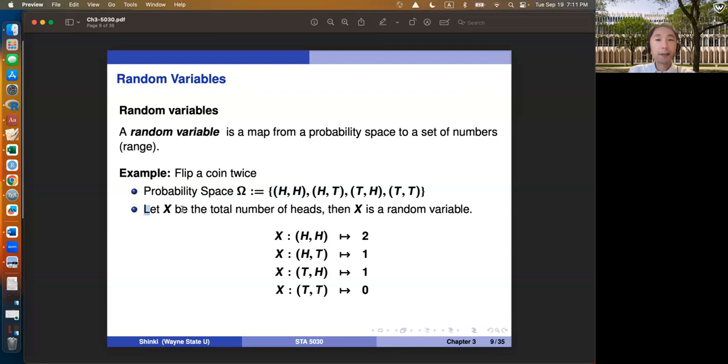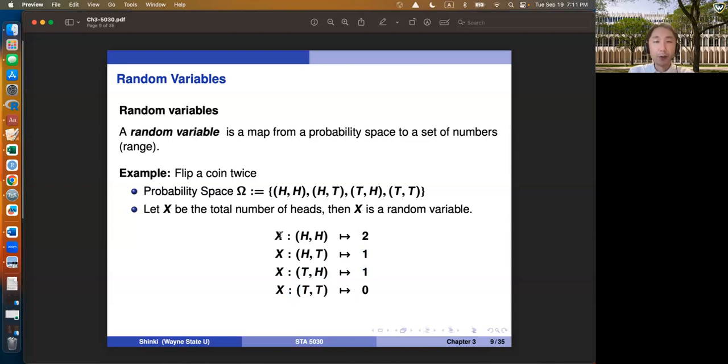Suppose X is the total number of heads when we do this trial. If the outcome is HH, then the number of heads is 2. So we can consider a map from these single events to numbers: HH goes to 2, HT goes to 1, TH goes to 1, and TT goes to 0.